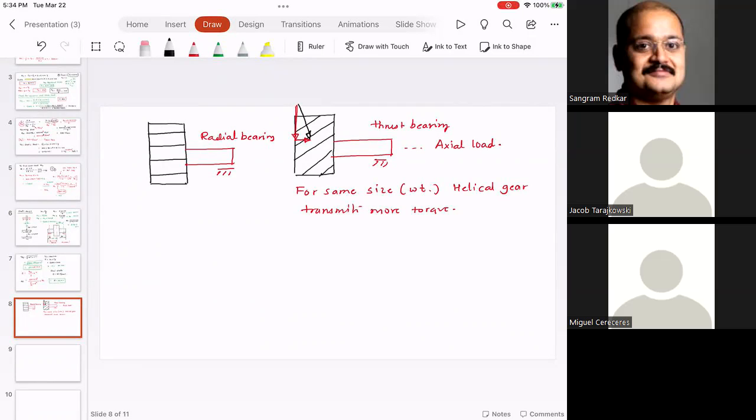So in helical gear, there is something called axial pitch, which is the distance between similar faces on adjacent teeth. And you have something called normal pitch.